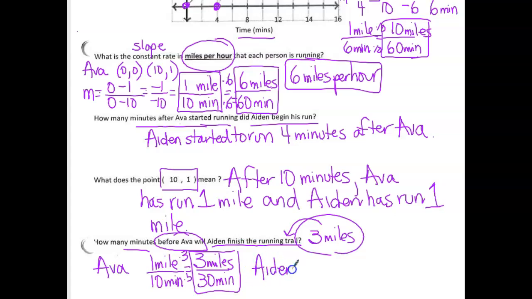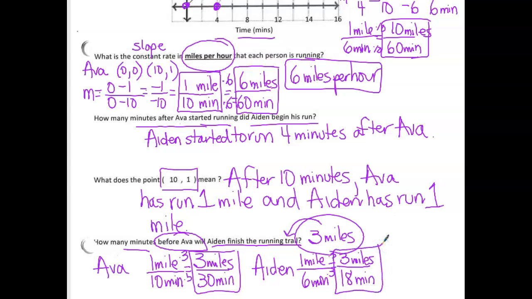Aiden runs 1 mile in 6 minutes. So I need to know 3 miles for Aiden. Again, I use the idea of equivalent fractions and multiply by 3. I take 6 times 3, that gives me 18 minutes.